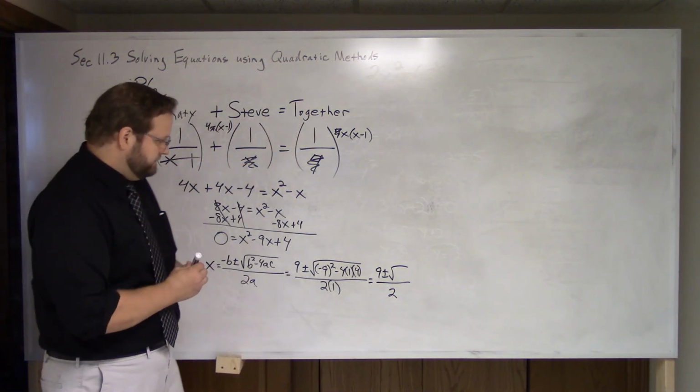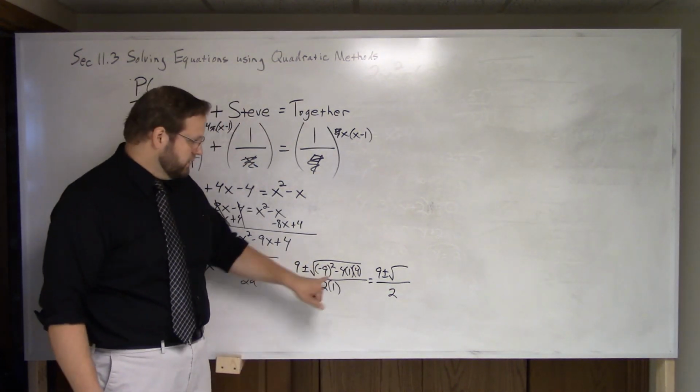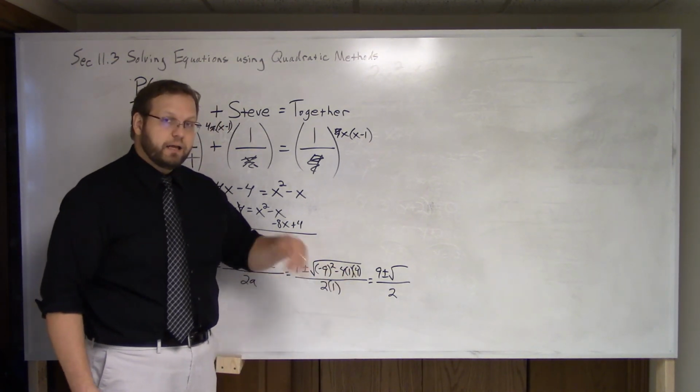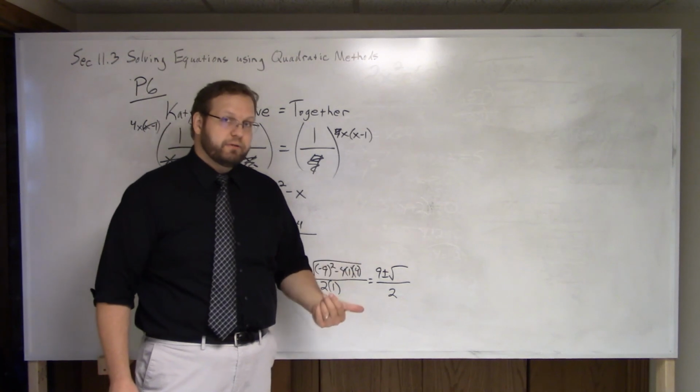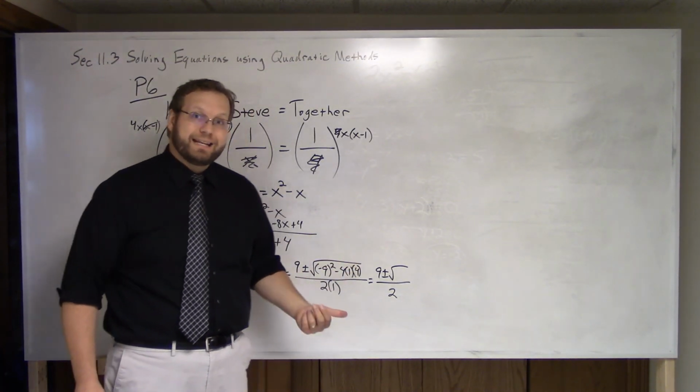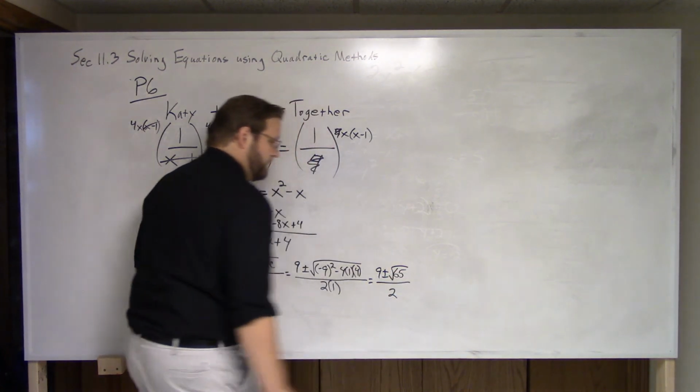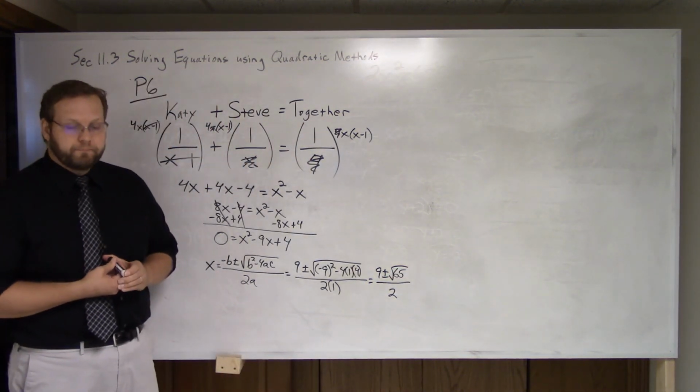And what we get, negative 9 squared is 81. 4 times 4 is 16, so 81 minus 16. 81 minus 10 is 71. 71 minus that extra 6 is 65. And we have that. Okay?